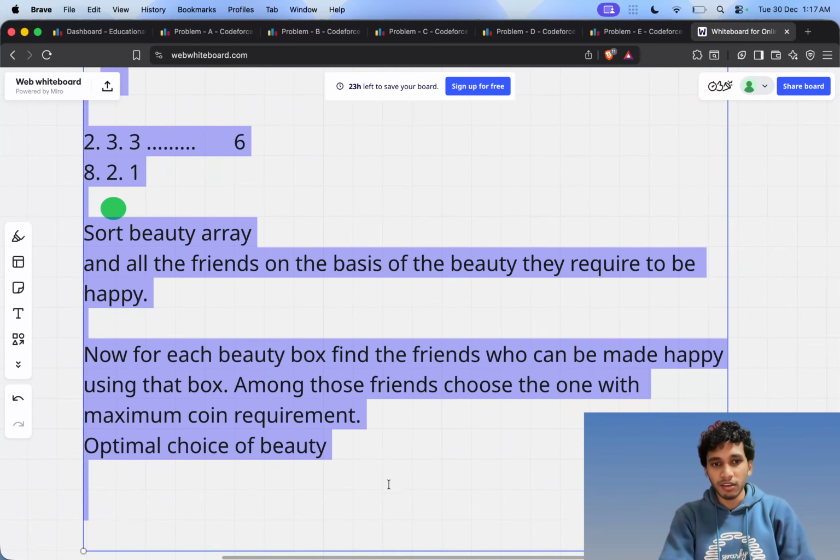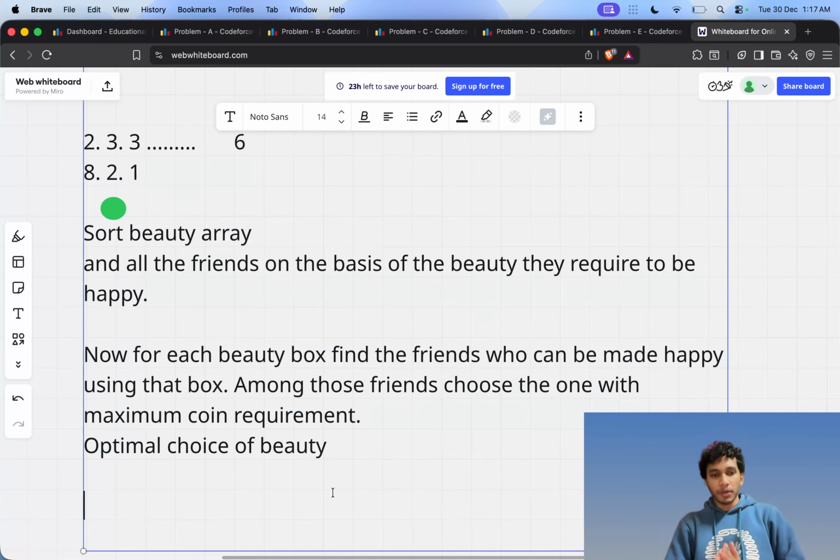This is the reason this choice of beauty is optimal. Also the choice of leftover elements who are meant to be made happy using coins is also optimal, because at each step we have chosen a friend who requires the maximum amount of coins to be made happy, so the leftovers are the minimum ones.